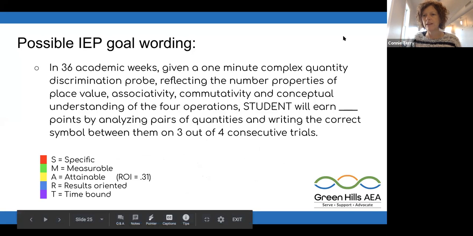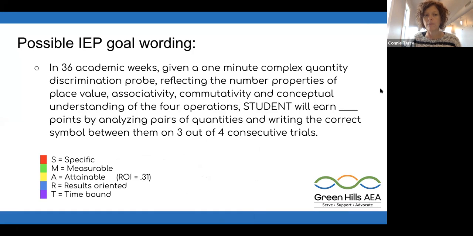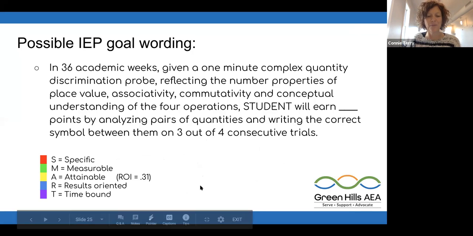Lisa was also nice enough to write up a possible IEP wording. You can read it on screen, but I probably should read it out loud just in case the video isn't terribly clear.